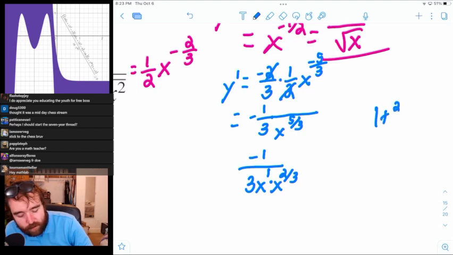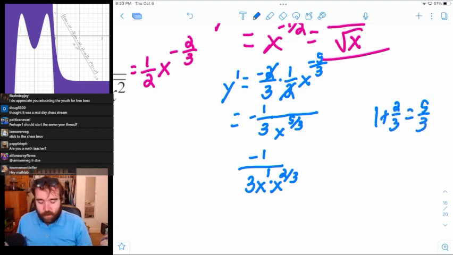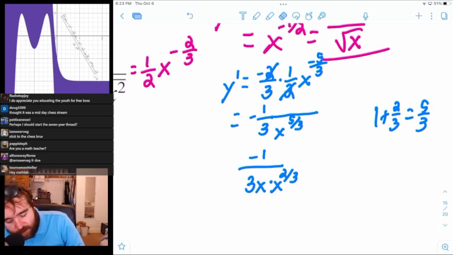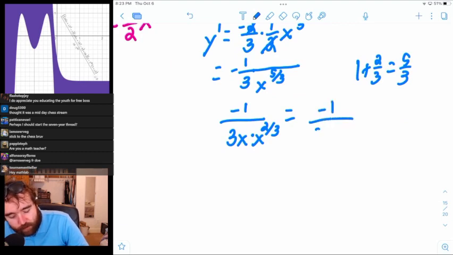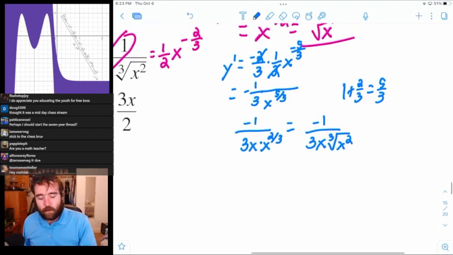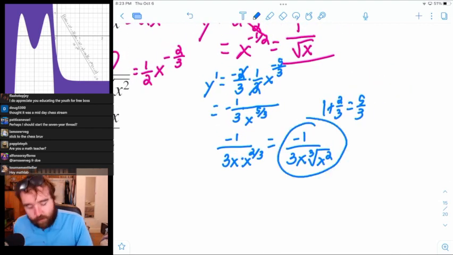And 1 plus 2/3 is 5/3. So that's going to be the nice way to write that, because then we can get rid of the fractional exponent and rewrite that as negative 1/3 x times the cube root of x squared. And that would be a good, fully simplified final answer.